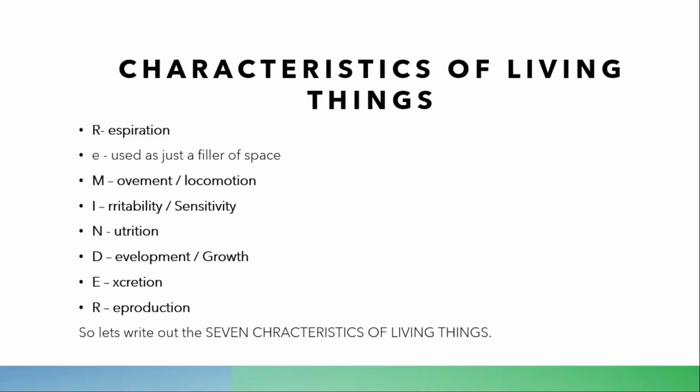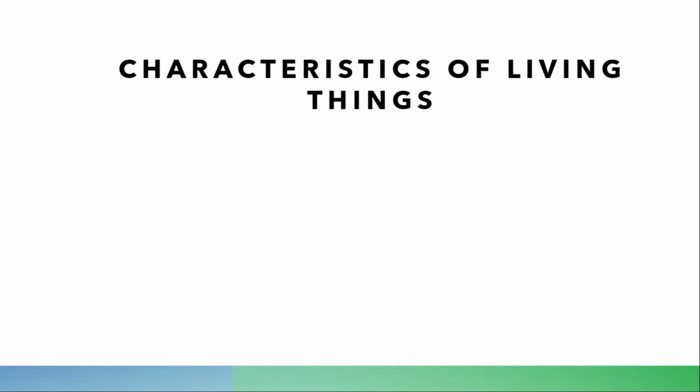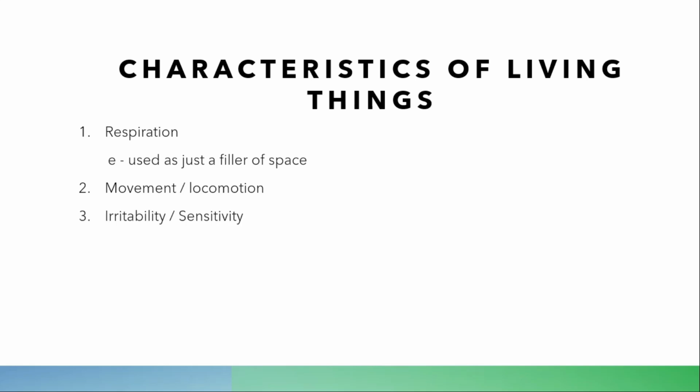All right, so let's write out the 7 characteristics of living things. Number 1, respiration. Wow, the clue was there. Number 2, movement / locomotion. Number 3, irritability / sensitivity.